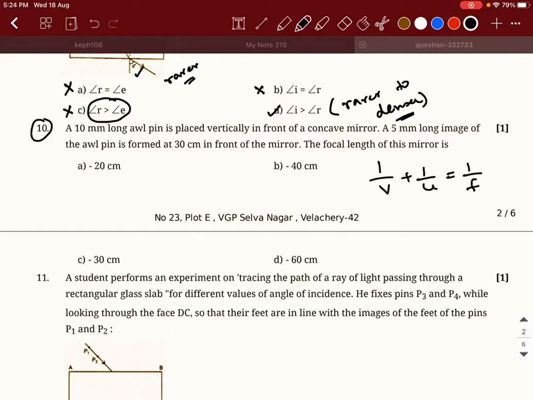Minus 20. Yeah? I don't know what this is. Correct.